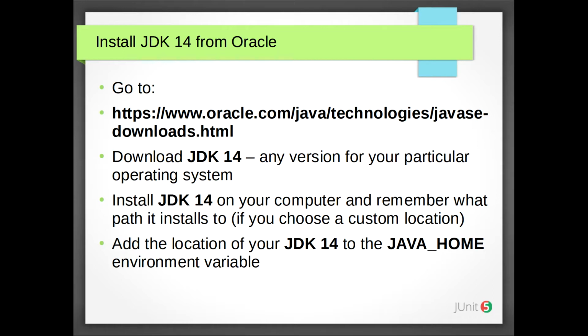Any version for your particular operating system will do, for example 14.0.2. Install JDK 14 on your computer and remember what path it installed to. Especially if you choose a custom location, you should copy it so that you remember. Add the location of your JDK 14 to the JAVA_HOME environment variable, and I would say add the bin of that location to the path variable.